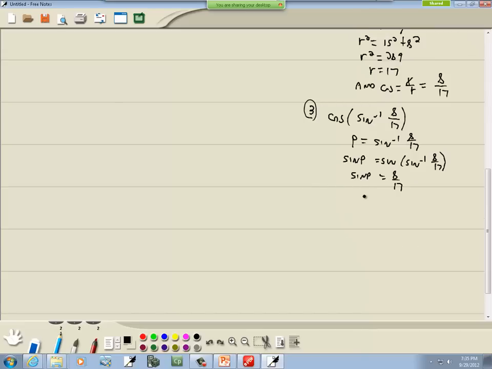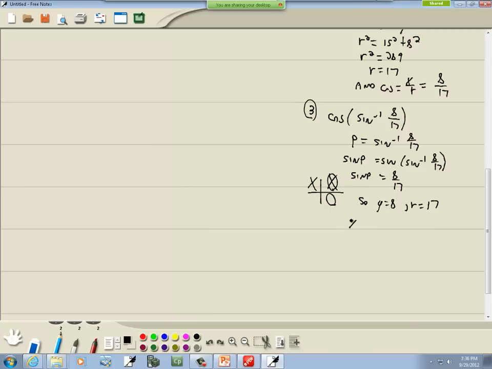Now, sine is y over r. So y is equal to 8, and r is equal to 17. Now, the quadrant we're dealing with, inverse sine is valid here and here. And here we're saying sine is positive, which is right here and right here. Sine is our y value. So we're dealing with quadrant 1.